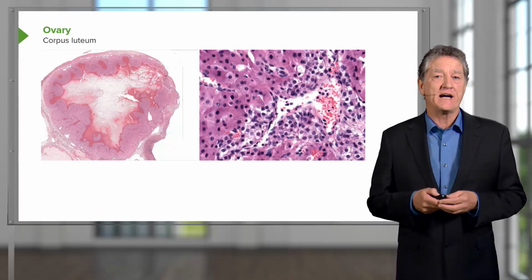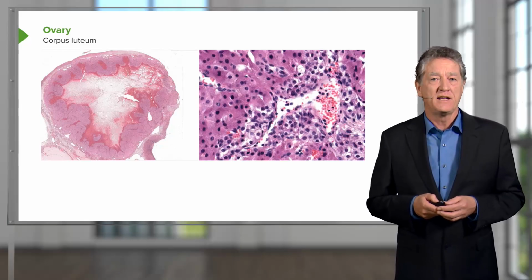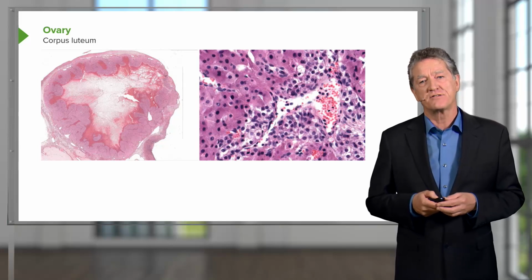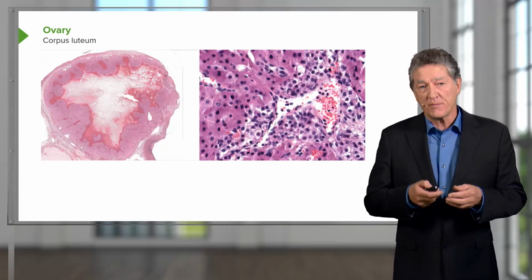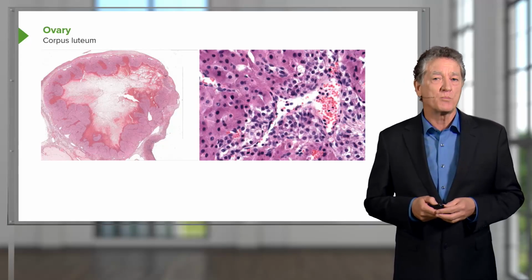If that oocyte is fertilized, it spends another 3 or 4 days moving down the uterine tube until it finally implants in the uterine wall, in the endometrium, about 6 days after ovulation, during which time this corpus luteum is producing more and more progesterone in response to LH.